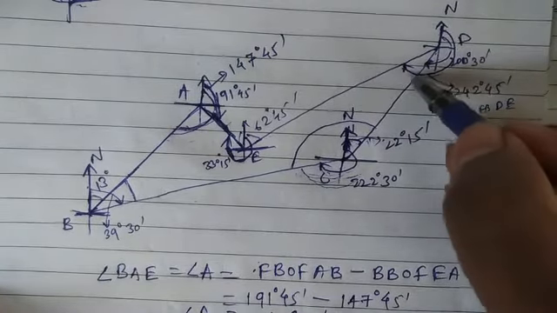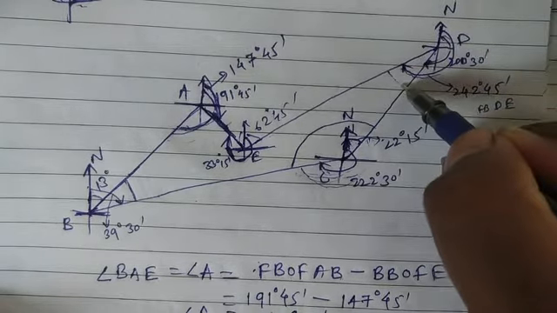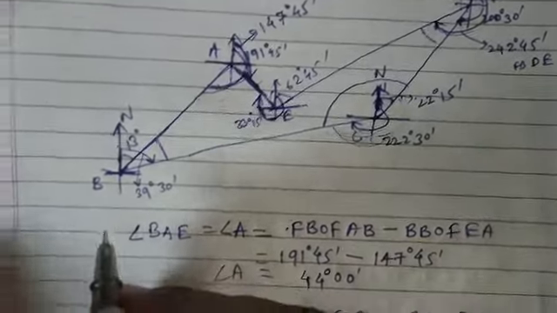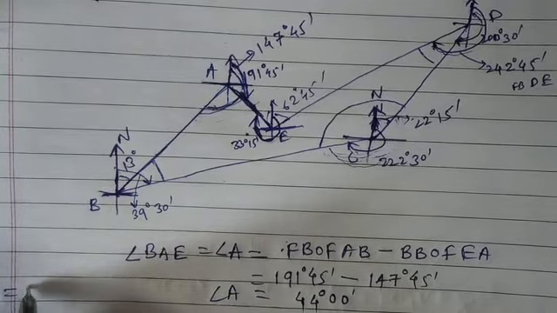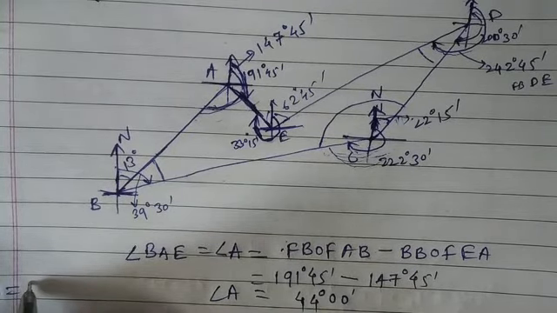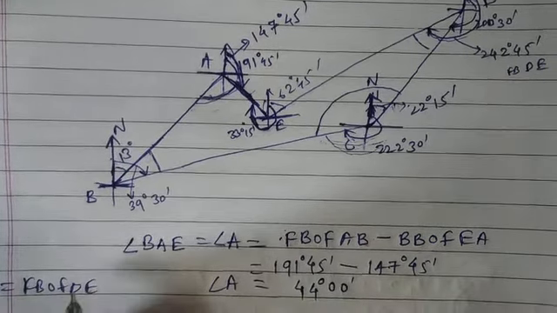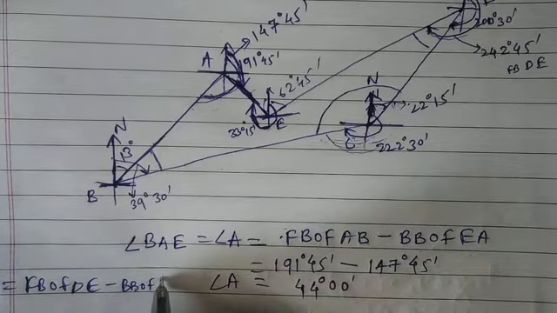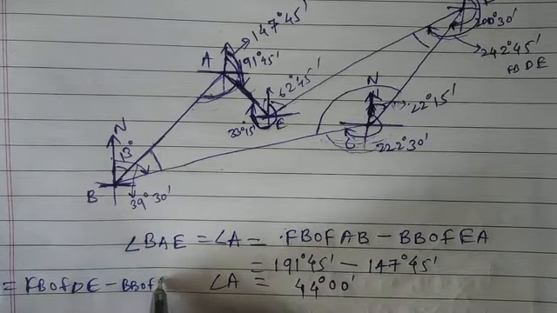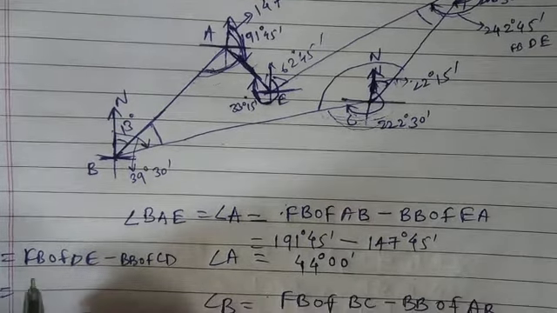This bearing minus this smaller bearing will give us the angle we want, that is angle D. So I'll write it in words. First of all, fore bearing of DE minus back bearing of which line? CD.